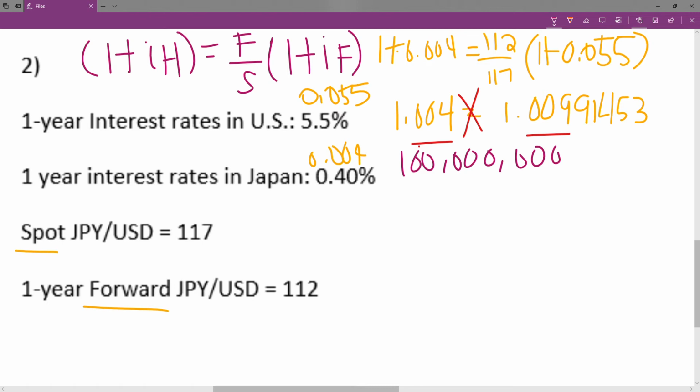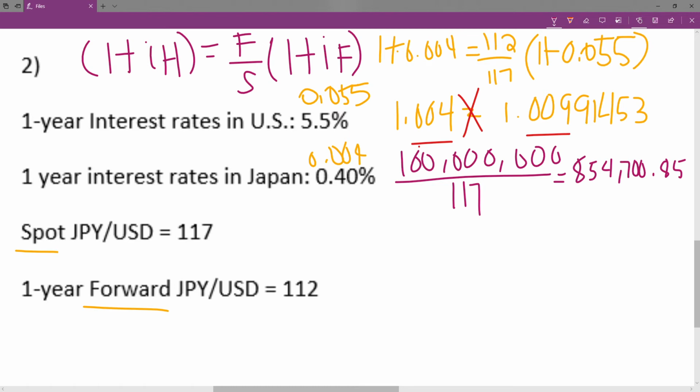And then we need to convert those 100 million yen into dollars. So since we're converting into dollars, we're going to divide it by 117. And that is going to give us 854,785. Okay?